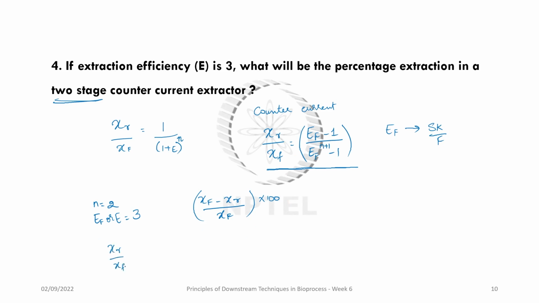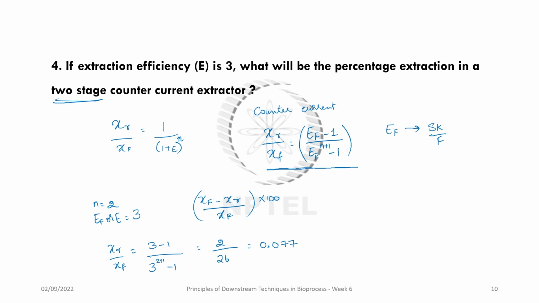XR by XF is equal to 3 minus 1 divided by 3 power n plus 1 minus 1. What is n? 2 plus 1. So 3 power 2 plus 1 minus 1. There will be 2 divided by 3 cube, which is 27, minus 1 is 26. What is 2 divided by 26? 0.0769. I'm going to round it off as 0.077.